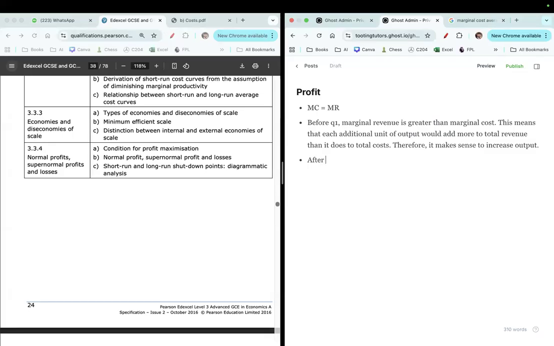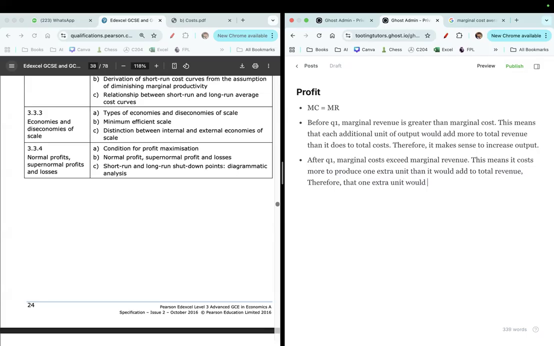After Q1, marginal costs exceed marginal revenue. This means it costs more to produce one extra unit than it would add to total revenue. Therefore, that one extra unit would make a loss. Just be careful.